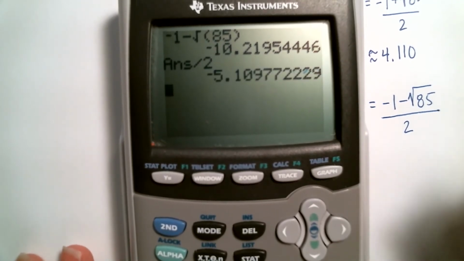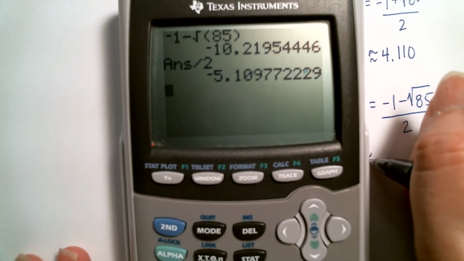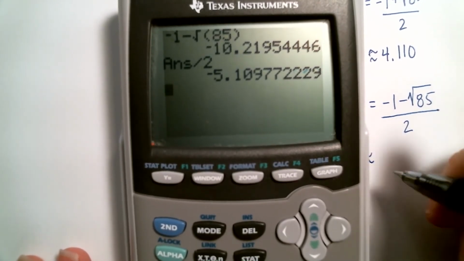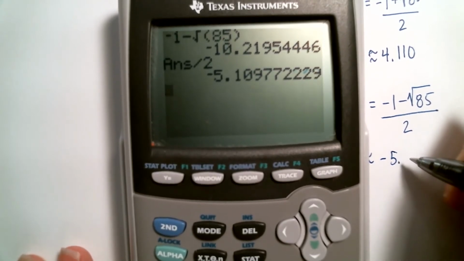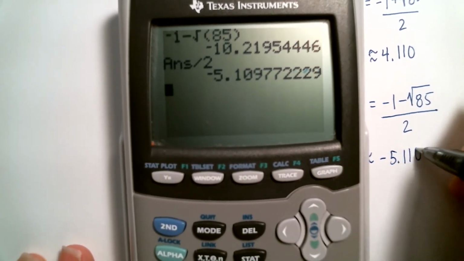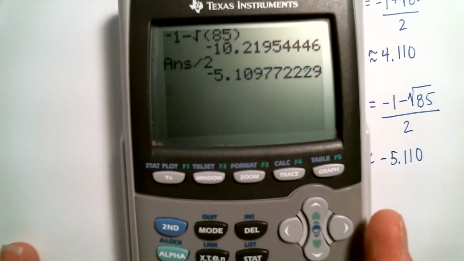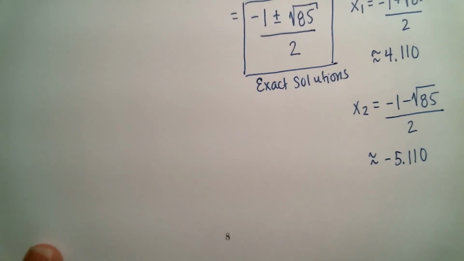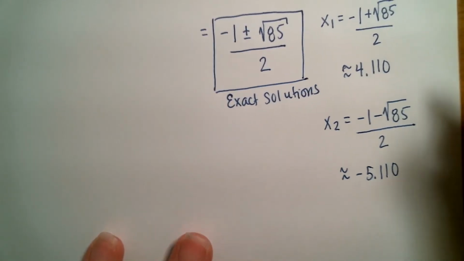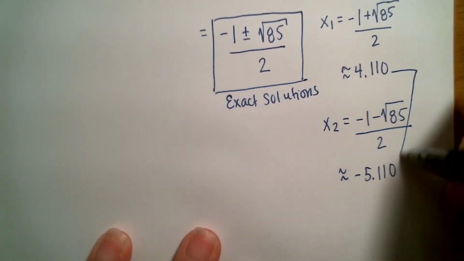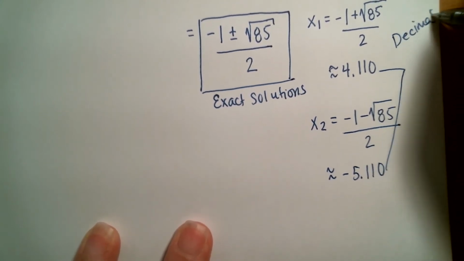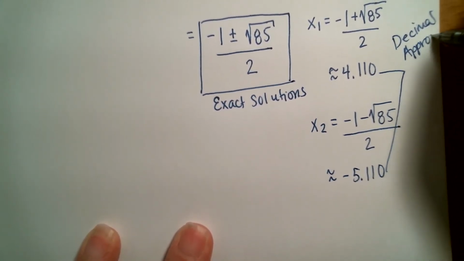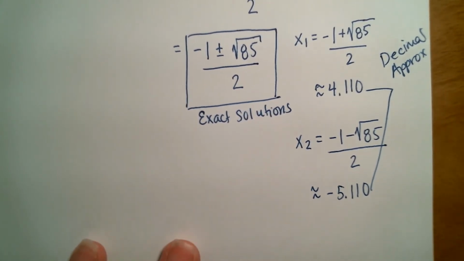If we round it to 3 decimal places, the approximation is going to be -5.110. So those are your two decimal approximations. I'll put that here. Decimal approximations. So that's how you solve this first logarithmic problem.